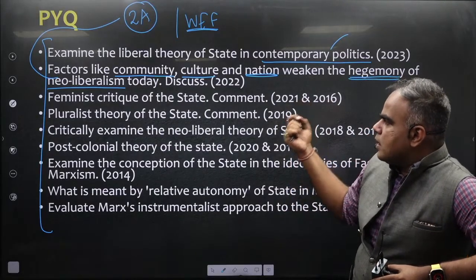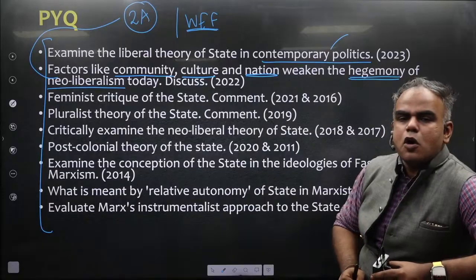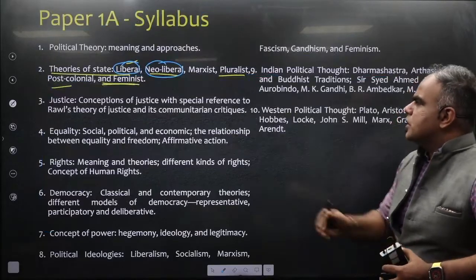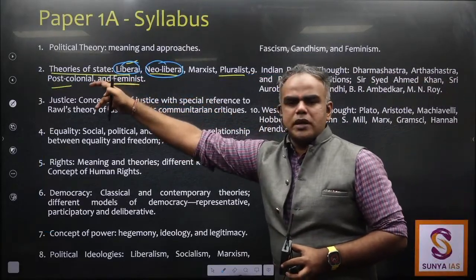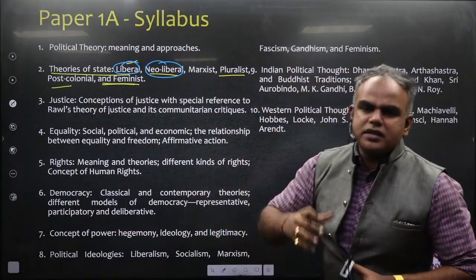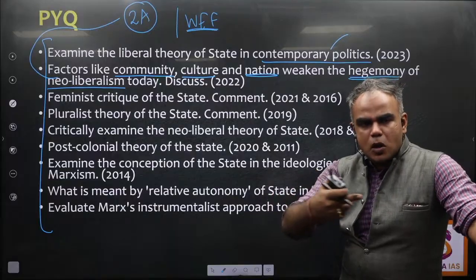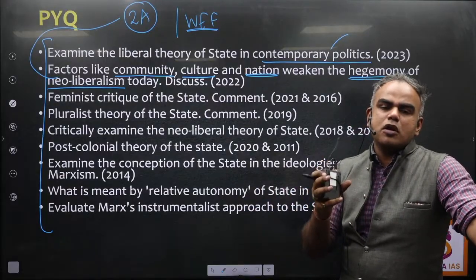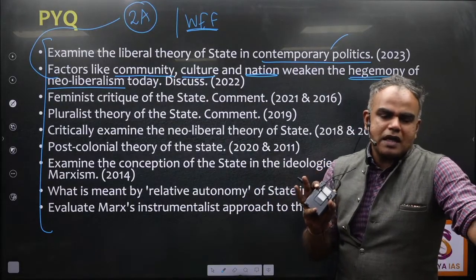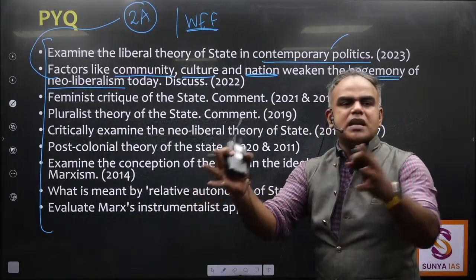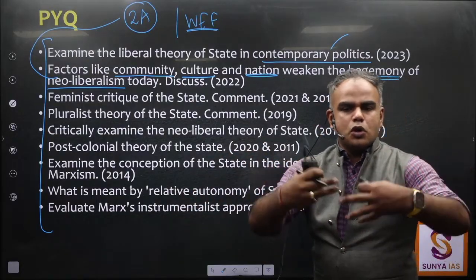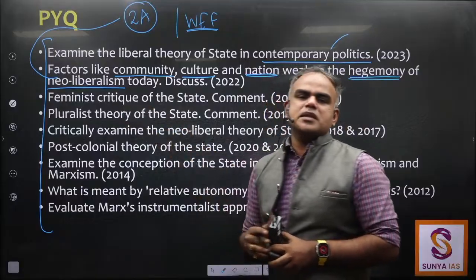Okay? Then let's say feminist critique of the state. If we read about theories of state, in feminist theory, essentially they have critiqued the state. Why? Because according to feminists, the conception of state is based on male experience, and the male experience has been universalized to also encapsulate the feminist experience.